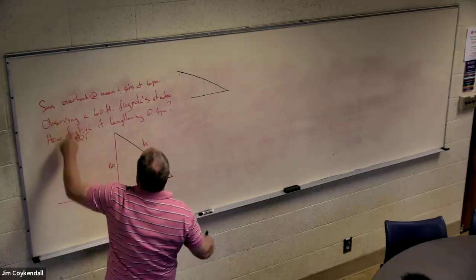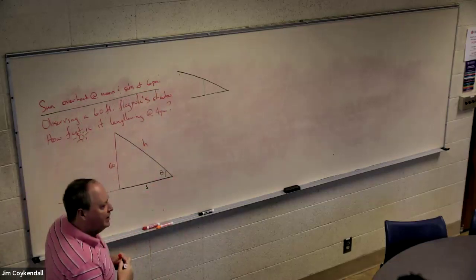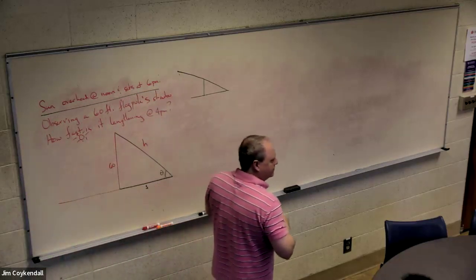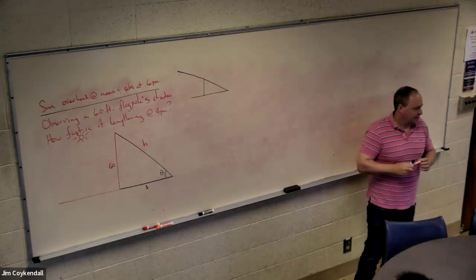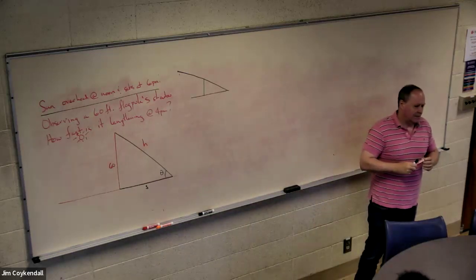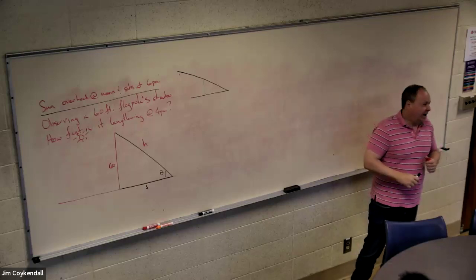So what is this first piece of information? I think this is the hardest part of the problem. That information is going to tell us the change in theta.